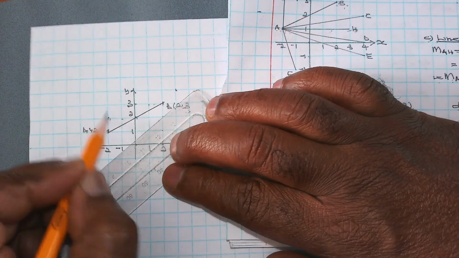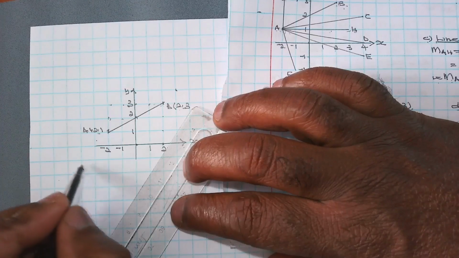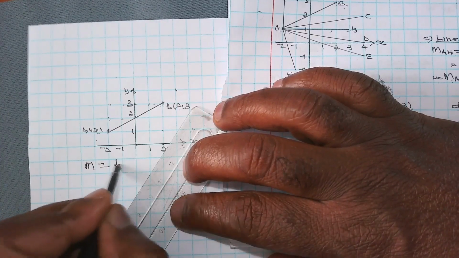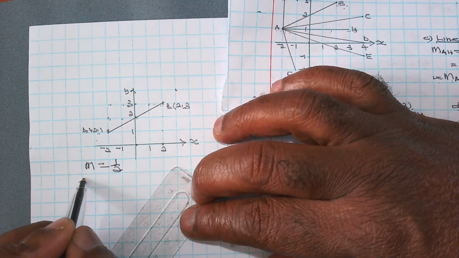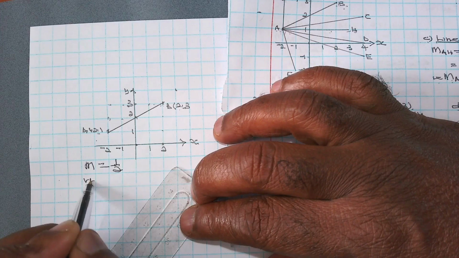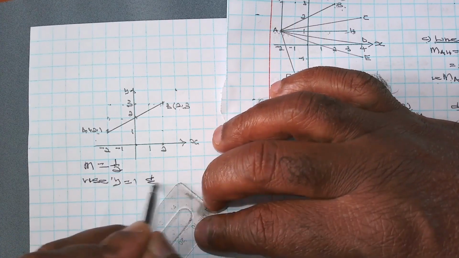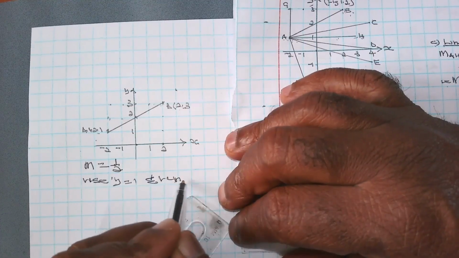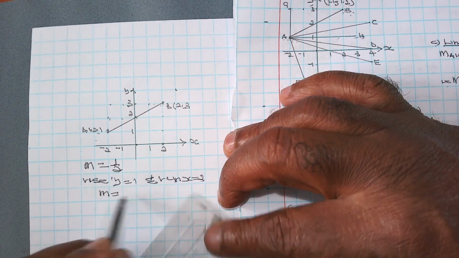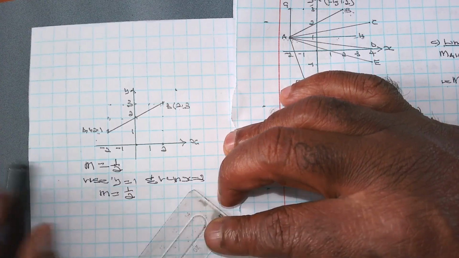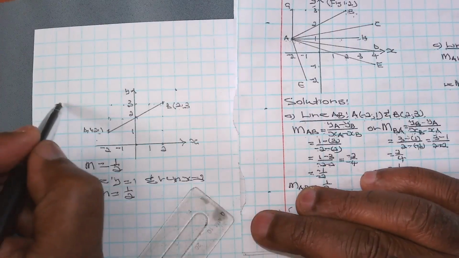Therefore, M is equal to 1 over 2. It means rise Y equals 1 and run X equals 2. Therefore, M is equal to 1 over 2. That's how easy it is for case study A.